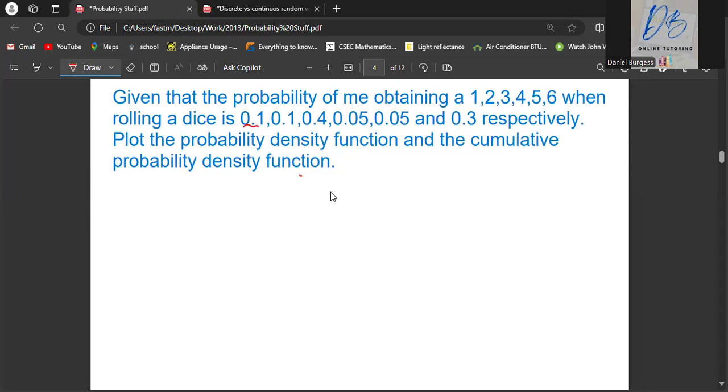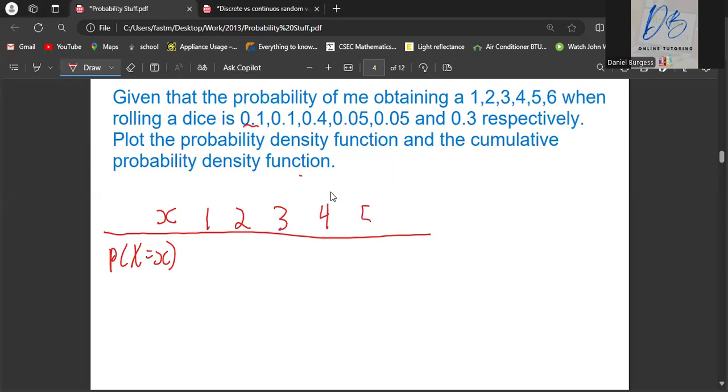The first thing we'll have to do, just to help us, is to get the table. The table has x, which is the possible outcomes, and the probability X equals x, which is the probability of each occurrence. The possible outcomes were given: 1, 2, 3, 4, 5, and 6.